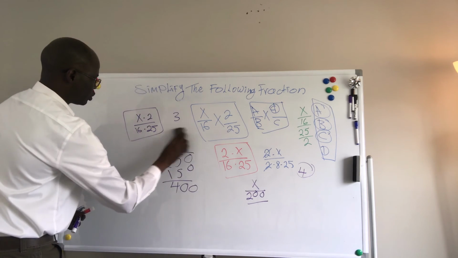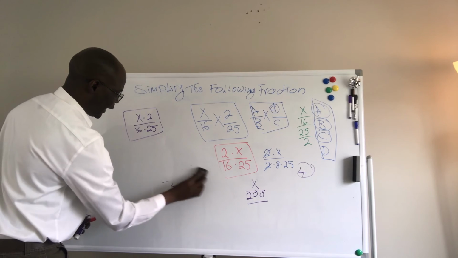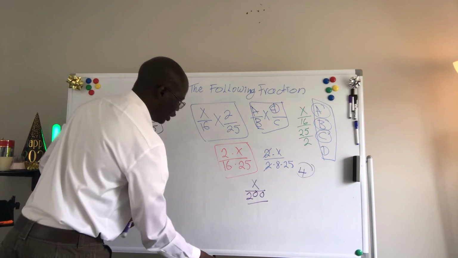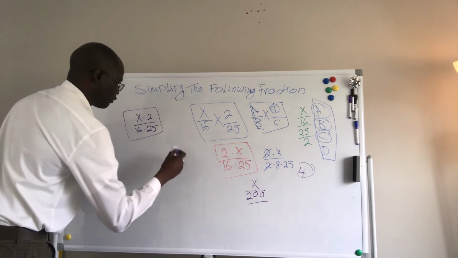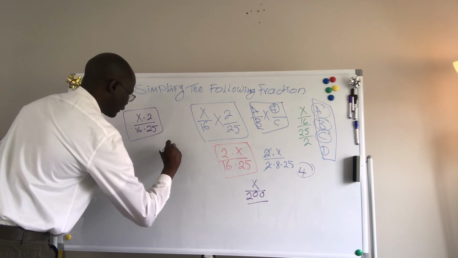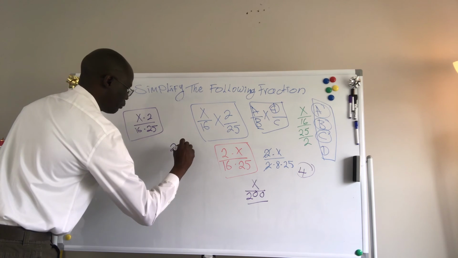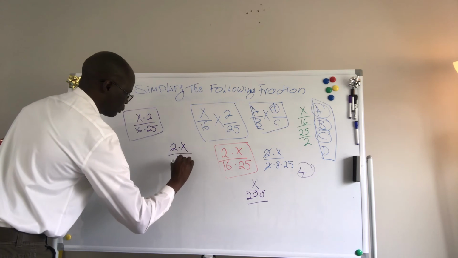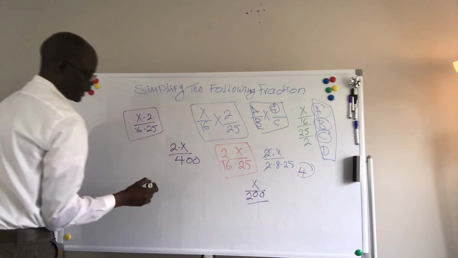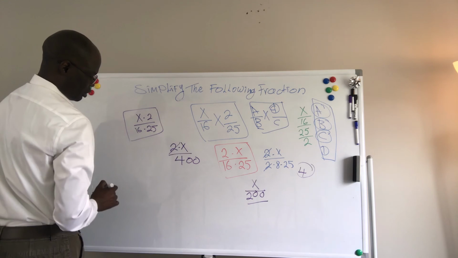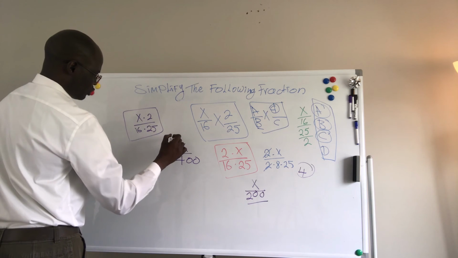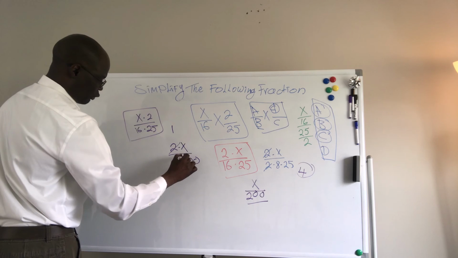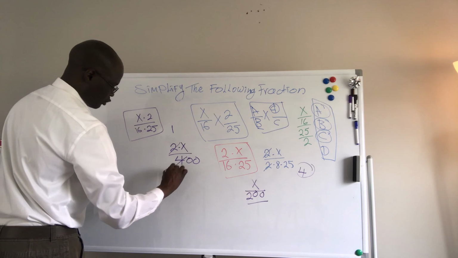So let's go back. If we have 400, we will still have 2x over 400. You still get the same thing. 2 divided by 2 is 1. 400 divided by 2 is 200.